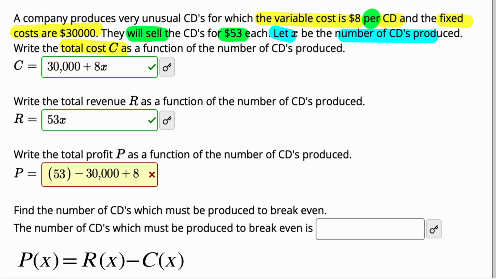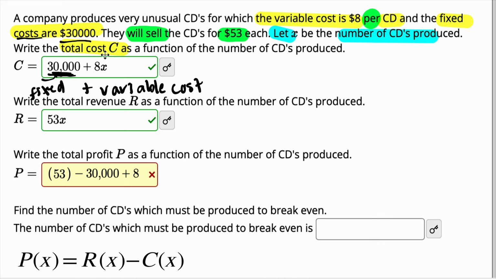Which looks pretty good here. We've got our fixed costs. Right here it told us fixed costs. So cost is fixed costs plus variable cost. All right, so I have to pay $3,000 whether or not I make any CDs.